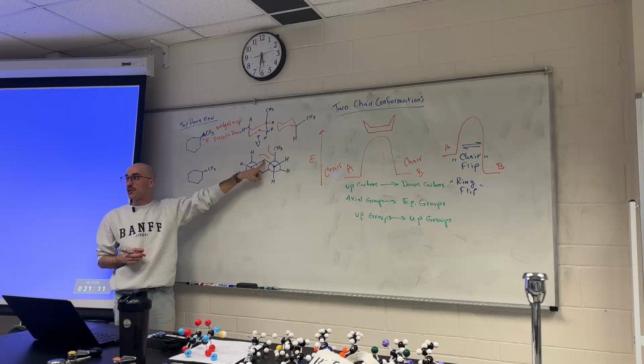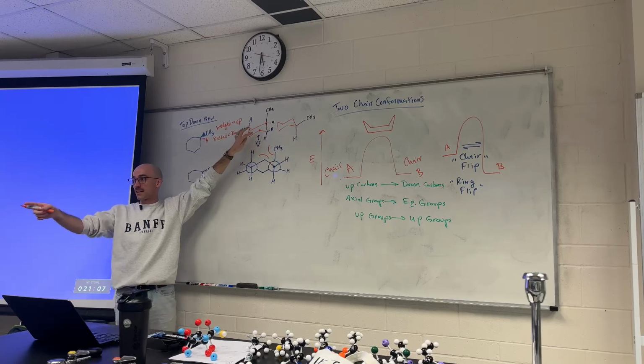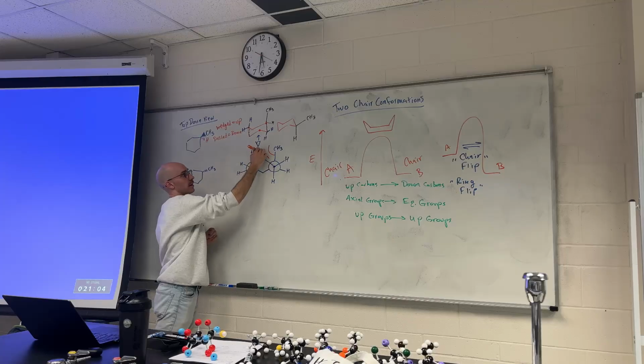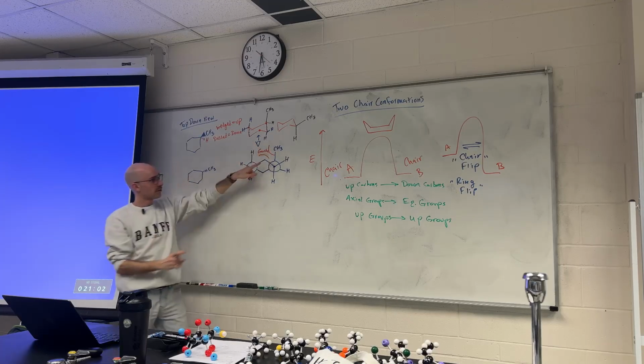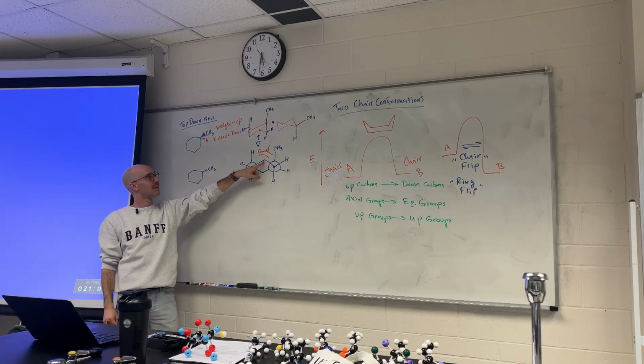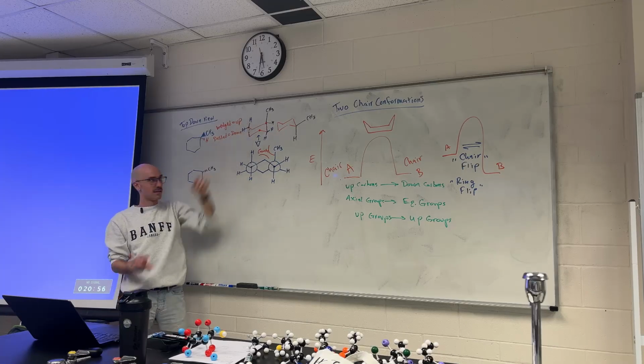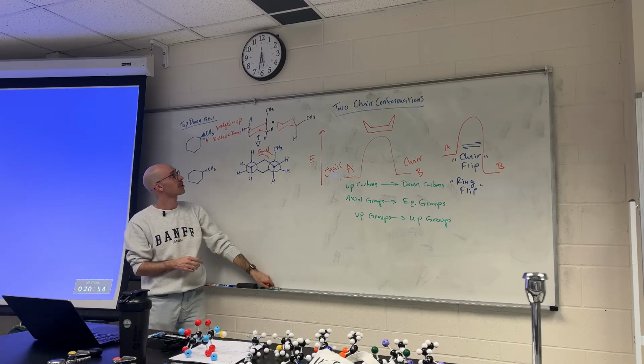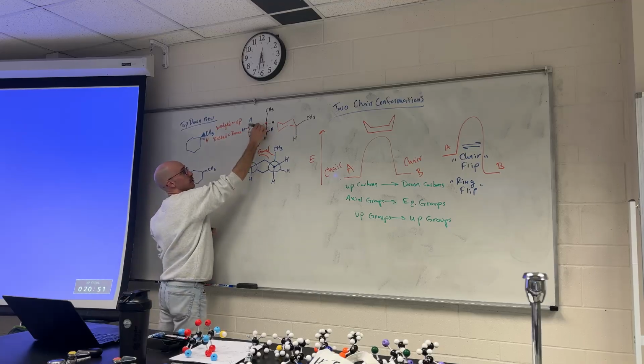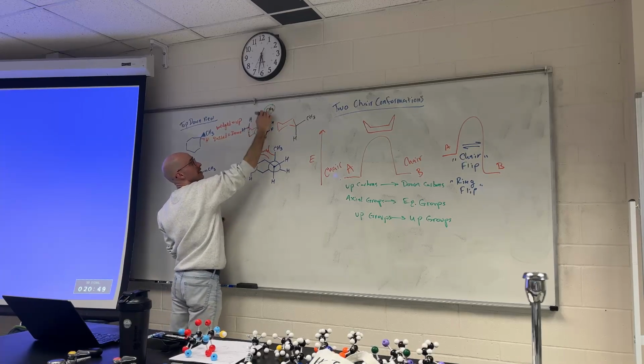But this CH2 is gauche to the CH3. This is what Hamza brought up earlier. And remember what this carbon was? It's just a different up carbon. So I have this gauche interaction between my CH2 and my CH3.